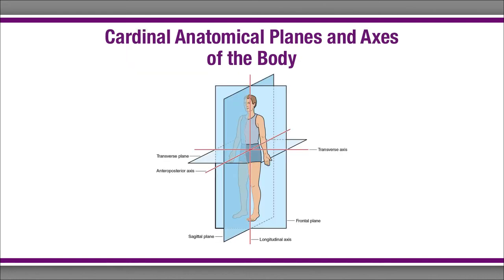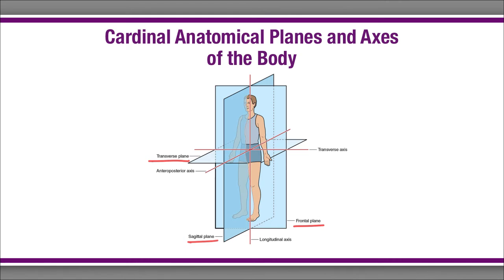This is a good depiction of the cardinal anatomical planes and axes of the body. So we have the three main planes: the transverse plane, the sagittal plane, and the frontal plane. Transverse plane is going to divide the body into top and bottom halves. Frontal plane is going to divide the body into front and back, or anterior and posterior. Sagittal is going to divide right and left.